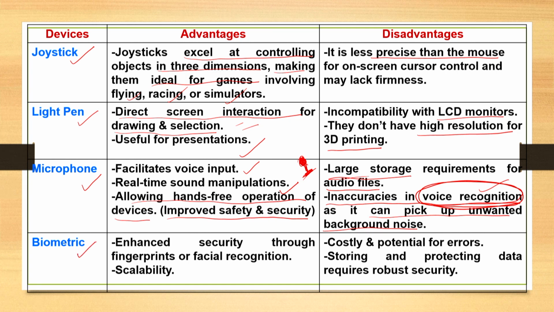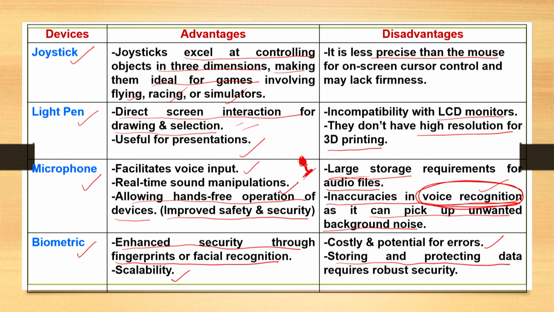Next one is the biometric. What is biometric? It enhances security through fingerprints or facial recognition. You all might have gone through it while making your Aadhaar card. It is scalable, but what is the limitation? It's costly and has some potential errors, because storing and protecting the data taken through the biometric requires robust security.